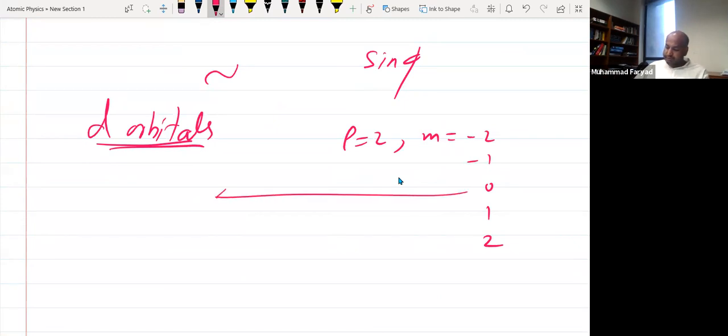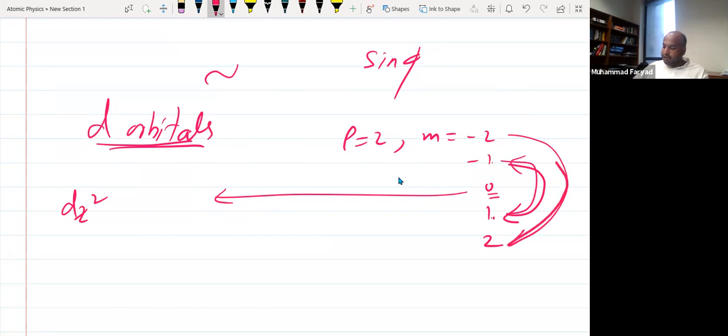So this one is already real, and this is given a sign d z square, I think. And by combining these, we can prepare two more real wave functions each. And I will explain the nomenclature for them now.